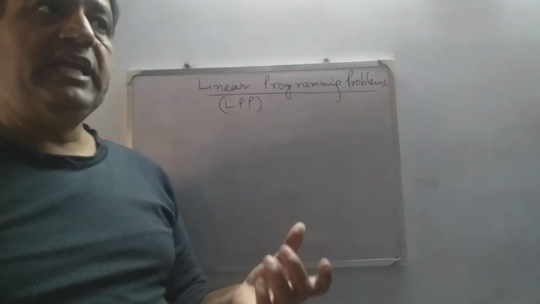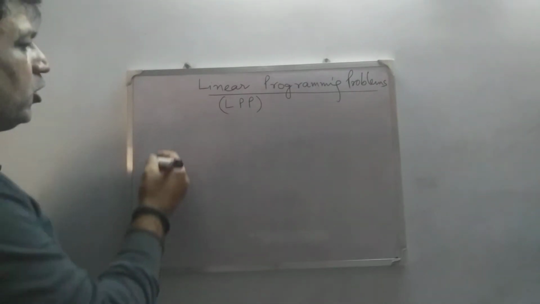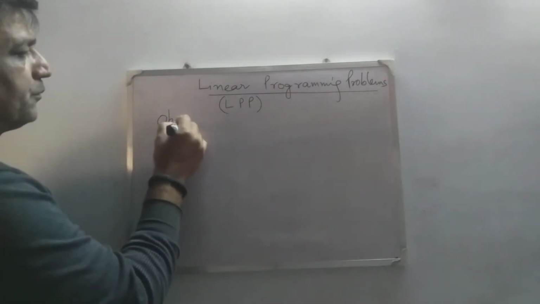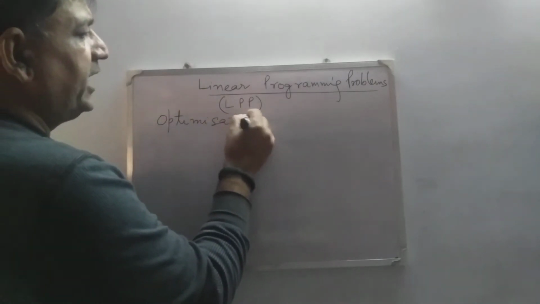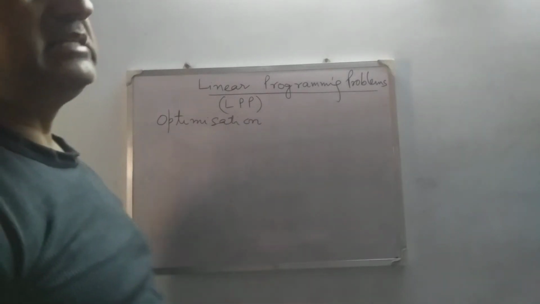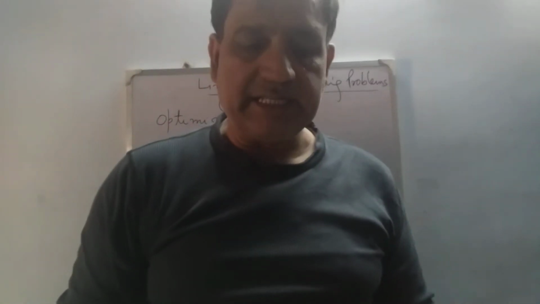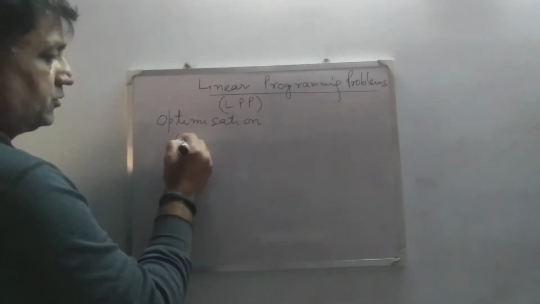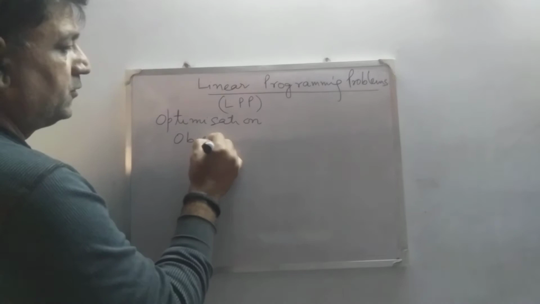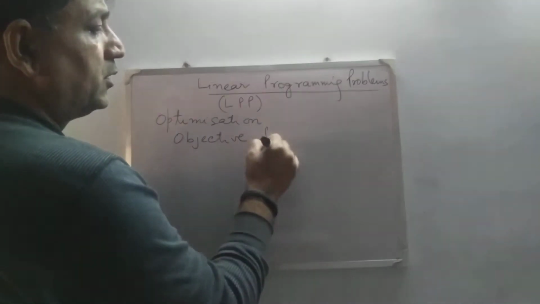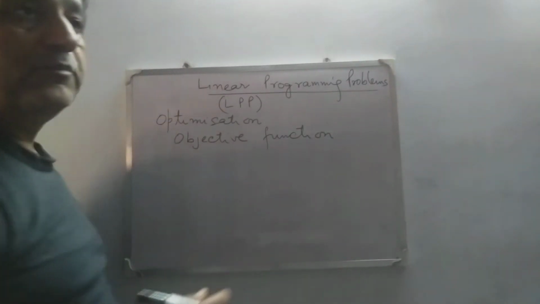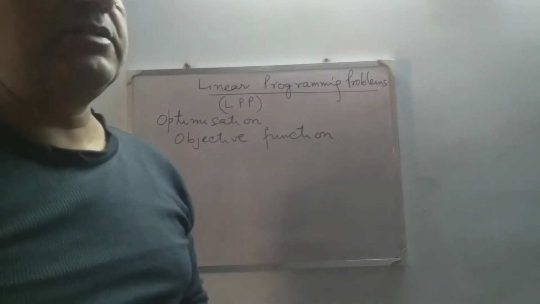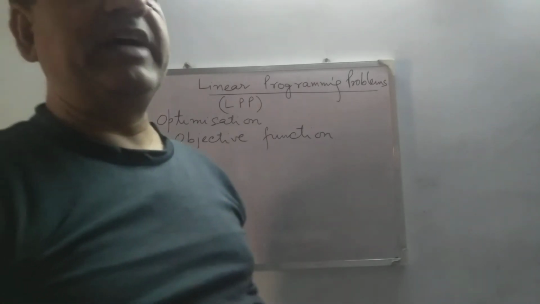An LPP is defined as an optimization problem, where one has to minimize or maximize a given objective function under some restrictions over decision variables.